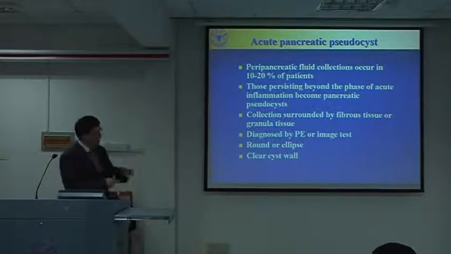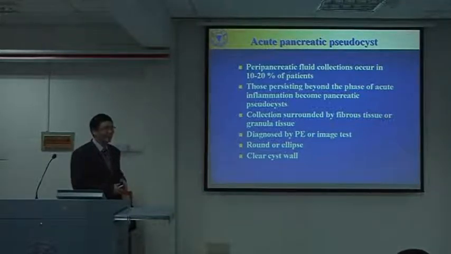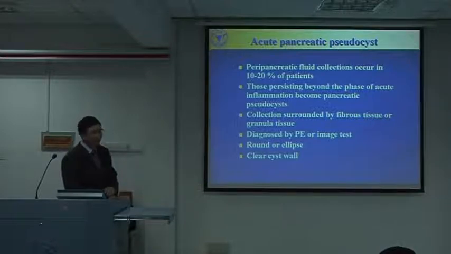If the patient is suffering from appendicitis, we also have a collection surrounded by fibrous tissue or granular tissue, but we don't call it a pseudocyst. Pseudocyst just means in pancreatitis.